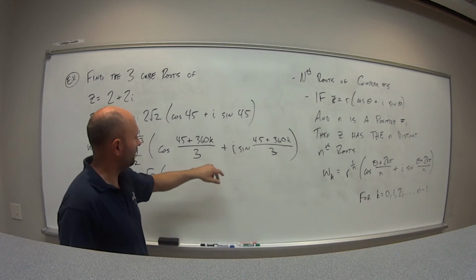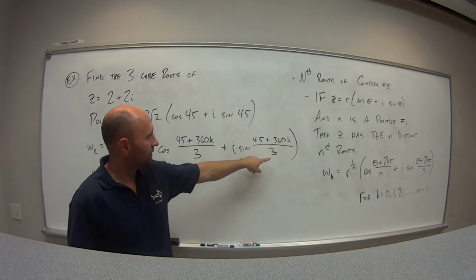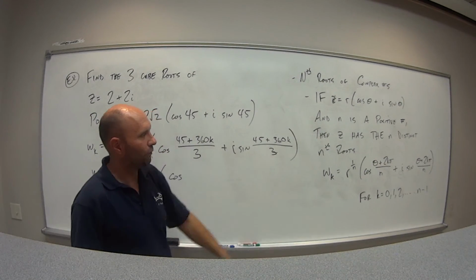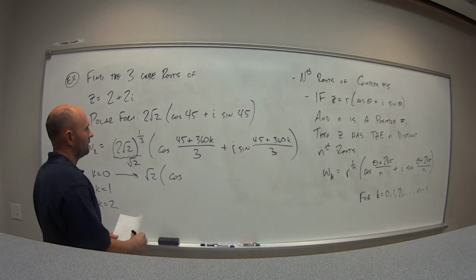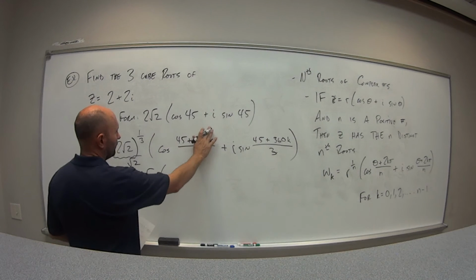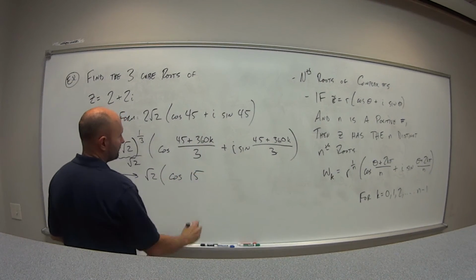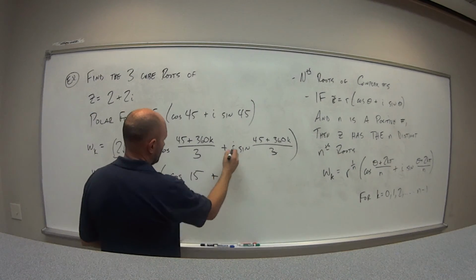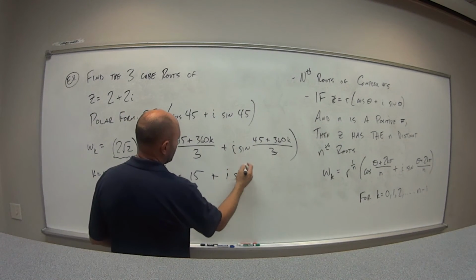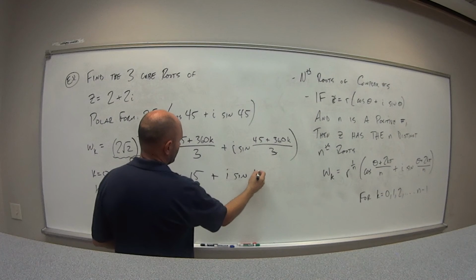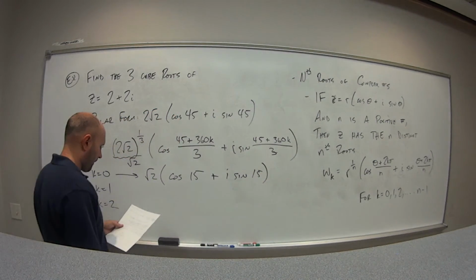So go ahead and change those out. So this should be a 3, that should be a 3, because of our formula, it's divisible by n. So now when k is 0, the 360 piece is gone, so we just have 45 divided by 3 is 15, plus i sine 45 divided by 3 again is 15.